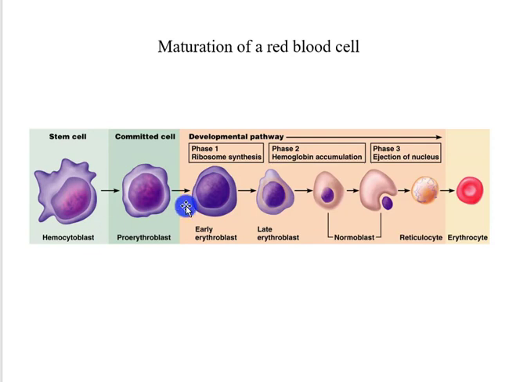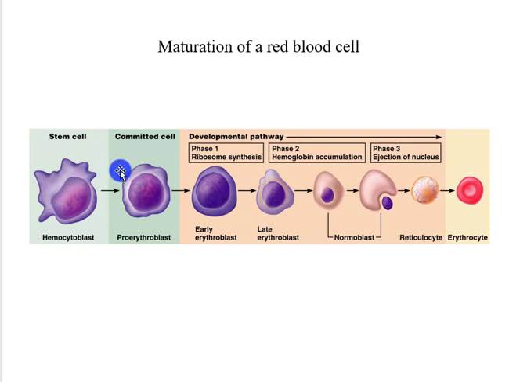If you look at this slide here, there's a lot of information, but not a lot that we need to memorize and know necessarily. I just want you to see the big picture. So we have this stem cell here, this hemocytoblast, and in another slide I called it a pluripotent stem cell, but it's the same thing.